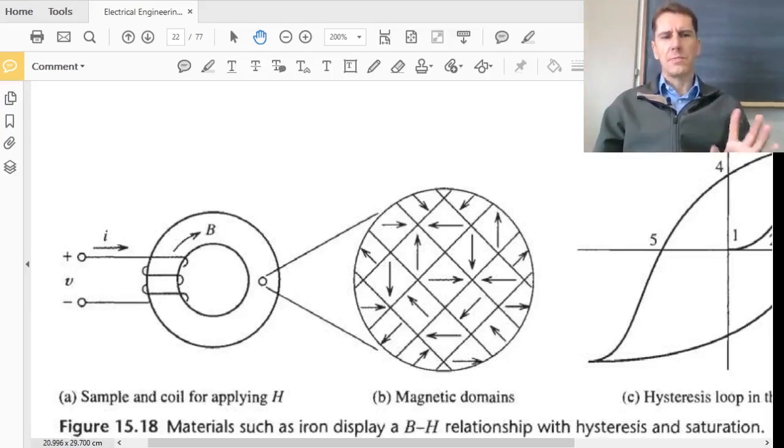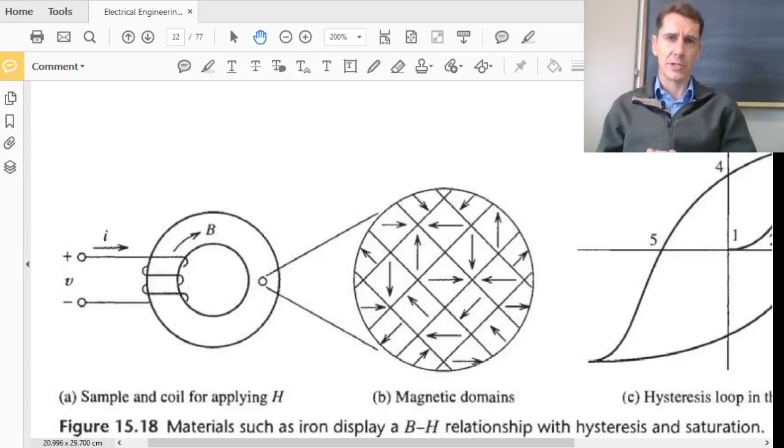And all of that has at this stage been with a DC current. What we want to start looking at now, as we're going to move towards transformers in the next lecture, is what happens if we apply an AC current to that coil instead of just a DC current.